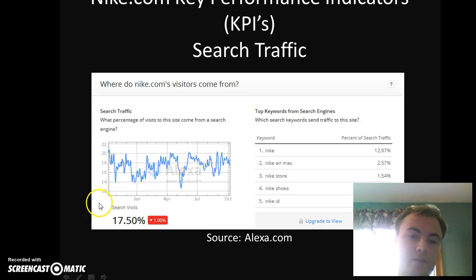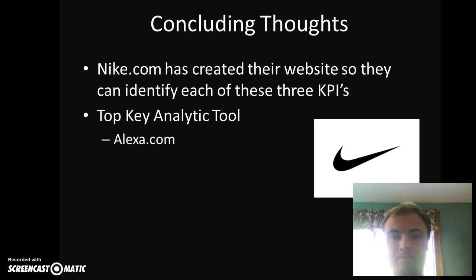And it's 7.5% that come from a search engine. So that's a kind of high percentage of how people get to Nike.com, and I feel that maybe they should advertise more on search engines such as Google, as I said before, to draw more consumer interest to the site and get more unique visitors to the website as well.